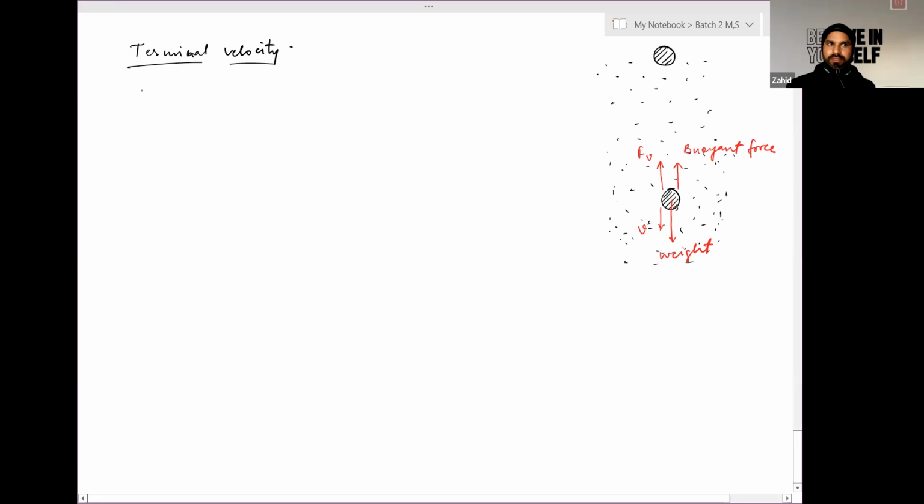So we can define terminal velocity as the constant velocity with which a body ascends or descends in a viscous medium.